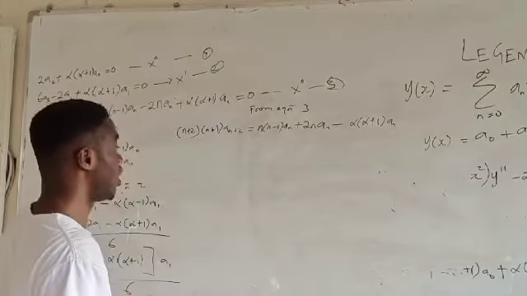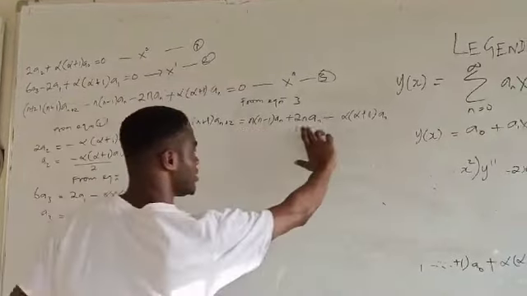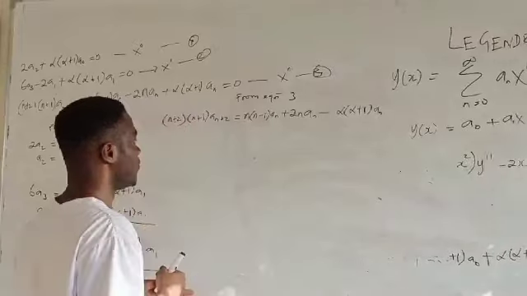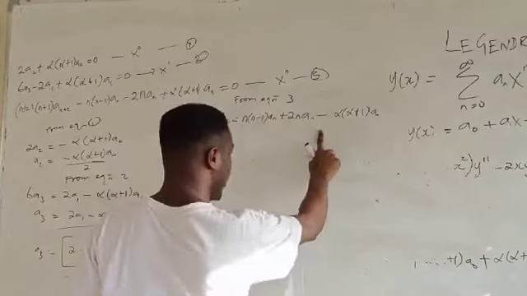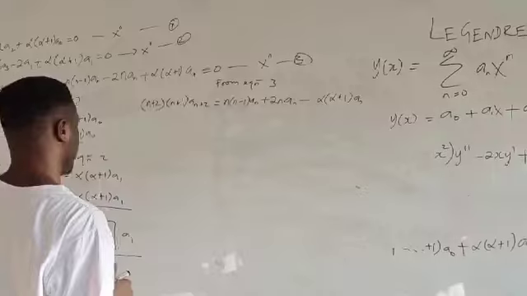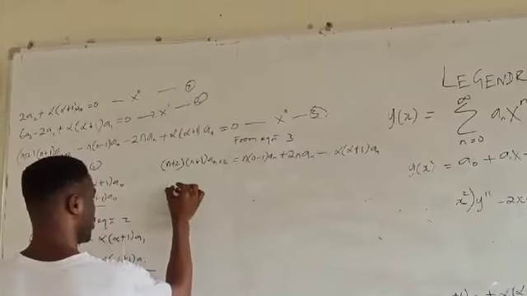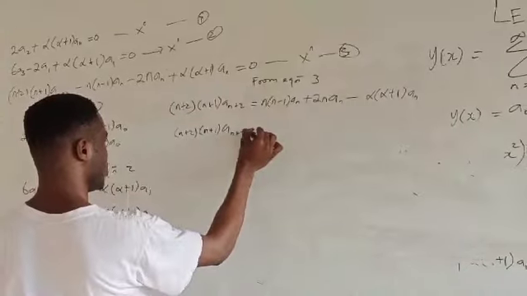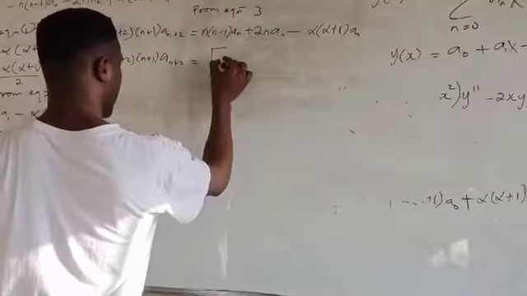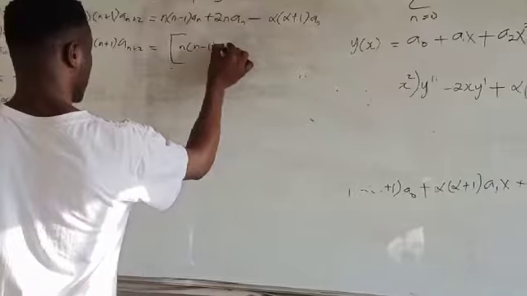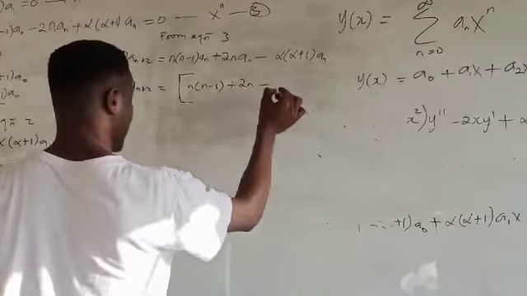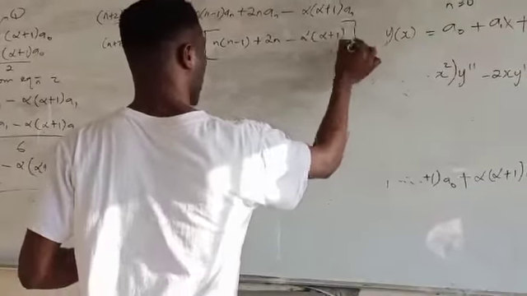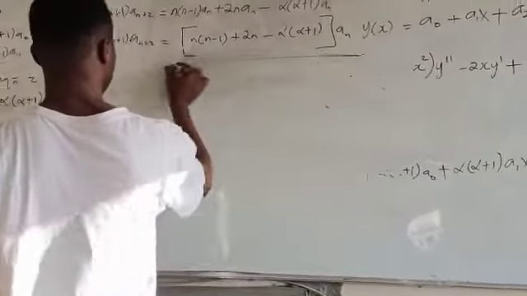Okay, and if you look at this one, you see that it has a like term, which is a subscript n. So let's factor out a subscript n. We have that n plus 2, n plus 1, a subscript n plus 2 is equal to n bracket n minus 1 plus 2n minus alpha bracket alpha plus 1, all being multiplied by a subscript n.